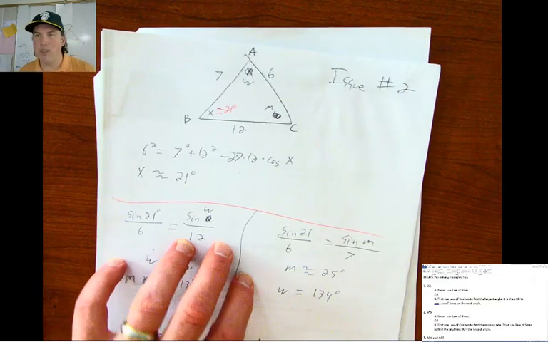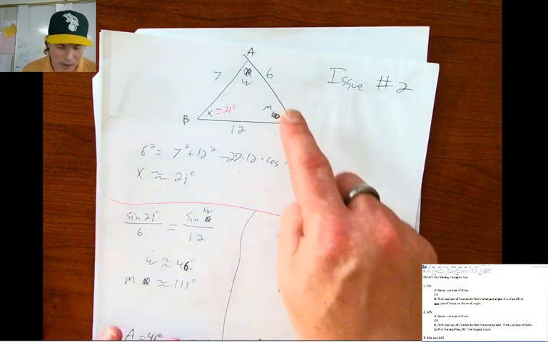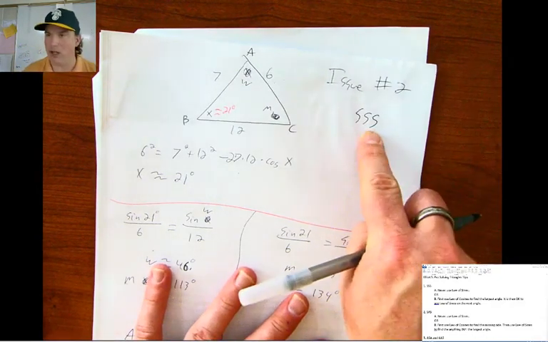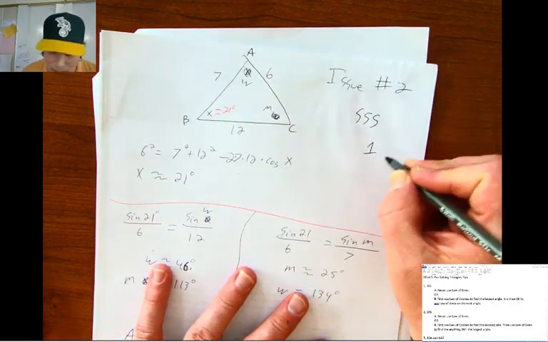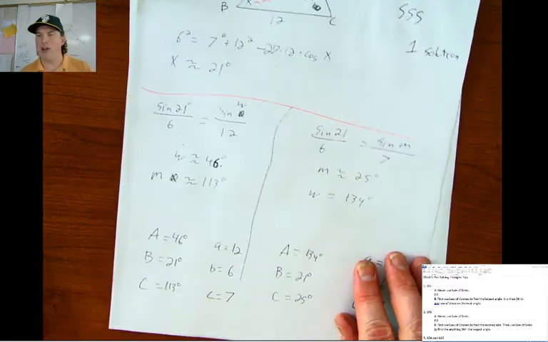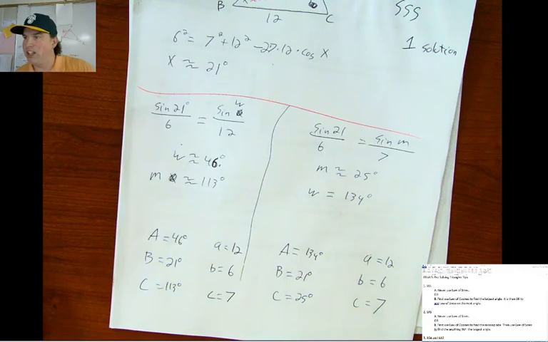So I got two solutions, but this was a side, side, side triangle, and in a side, side, side triangle, there can only be one solution. Yet somehow down here I got two solutions. So you have to use common sense. Which one's right, which one's wrong?